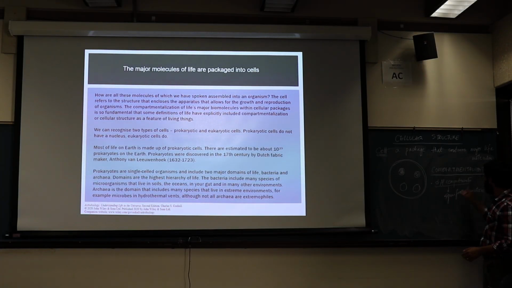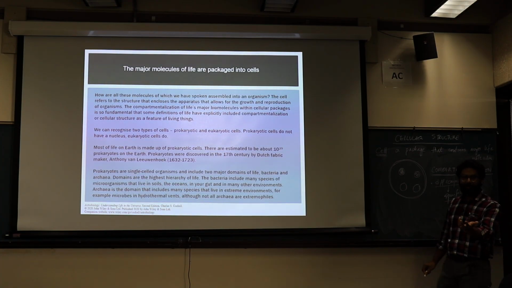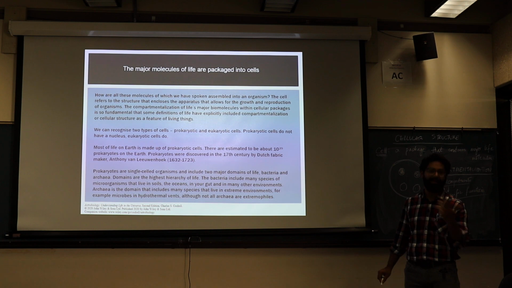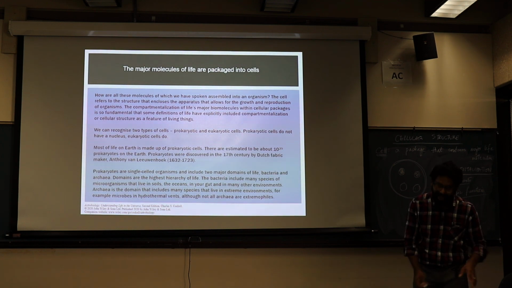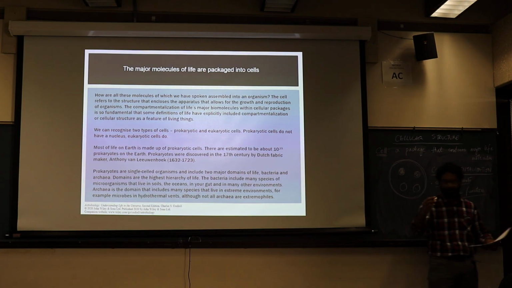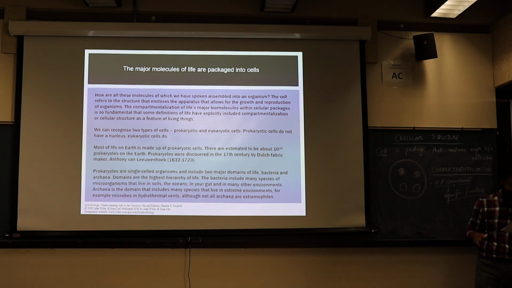Now, these different compartments have different functions. If you were in a biology class, you would be reading these as the cell organelles. Okay, I will not get into that. This is not going to be a repeat of whatever you learned. Maybe it's a little bit of a revision, but definitely not a repeat.